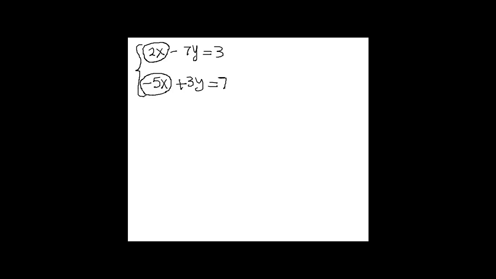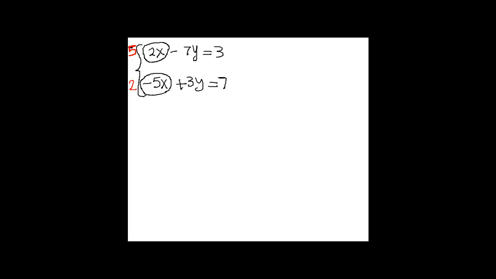Very good. If I multiply the first row by 5, then I would get 2 times 5 is equal to 10. Now what do I have to multiply the second row by so I get 10 also? Roberto? 2. Very good. And they're already opposite in sign, so I don't have to multiply by a negative.